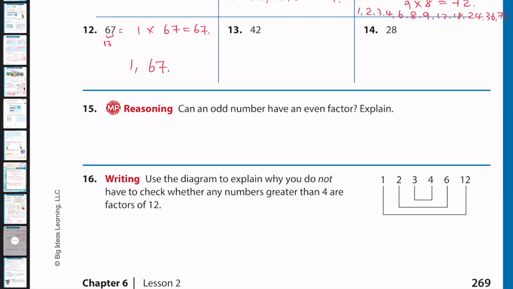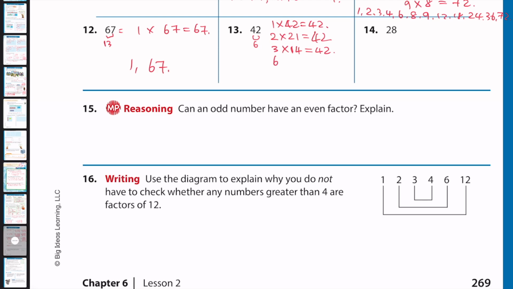All right, now 42. 1 times 42 is 42. And 2, since this is an even number, 2 can fit into 4 by 2 and into 2 by 1, so 2 times 21 is 42. What about 3? Add the digits together: 6. Ooh, divisible by 3 and 6 for sure, right? 3 can fit into 42 by 14, and 14 times 3 is 42.